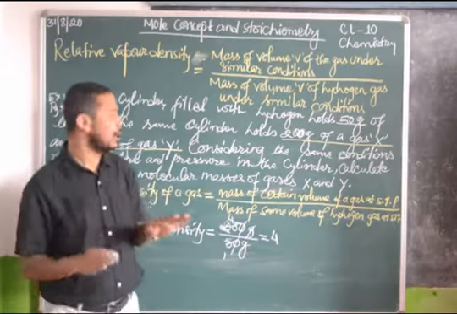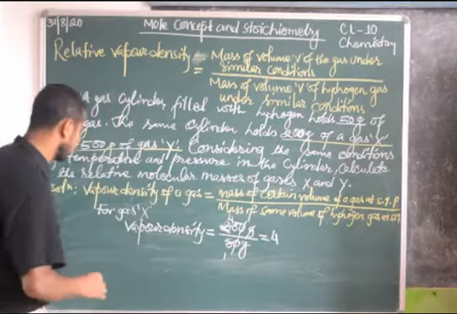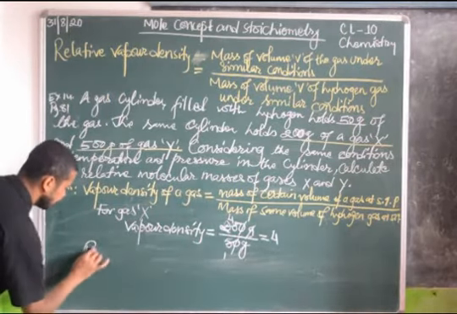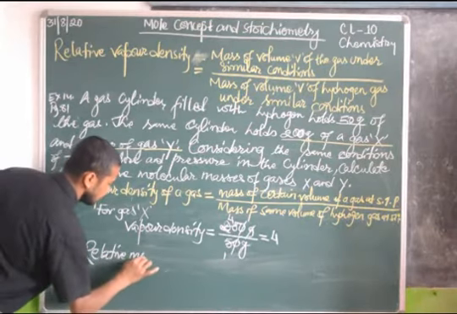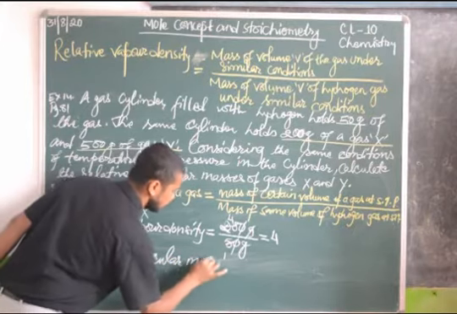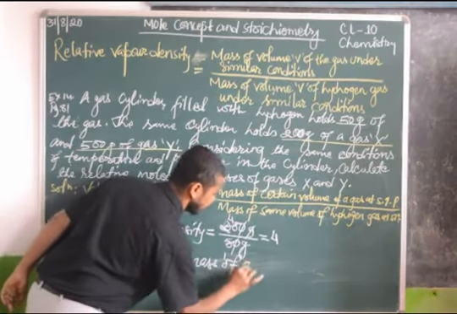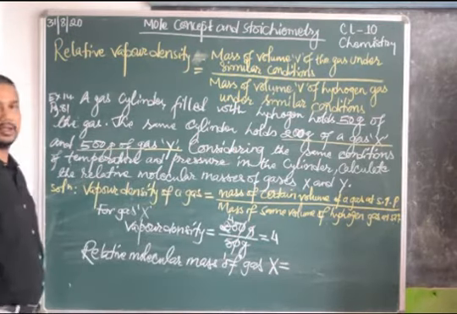Now we have to find what? The relative molecular mass of gas X. So what we know? The relative molecular mass of gas X is equal to, what is the formula?